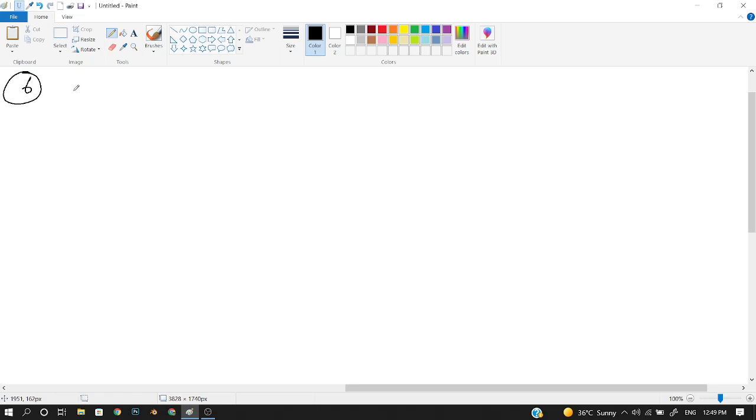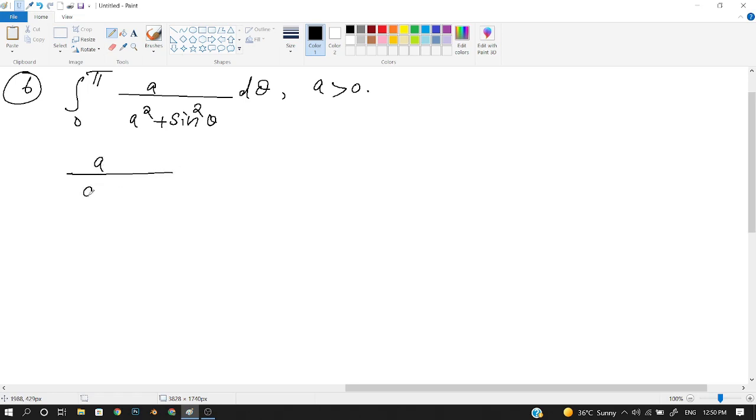Now next question, evaluate integral from 0 to pi a divided by a square plus sin square theta d theta, where a is positive. Here we can see that a by a square plus sin square theta is an even function.